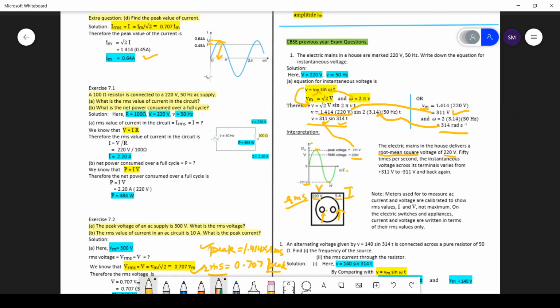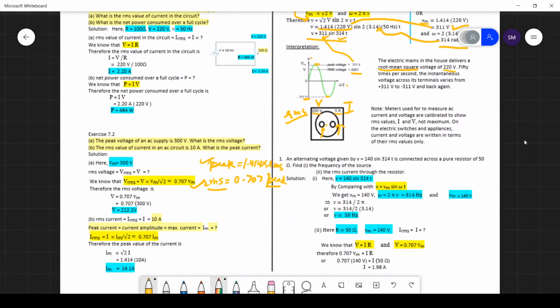This happens 50 times per second. Meters are even calibrated for AC, and they will tell you the RMS values of voltage and current, not the maximum values.